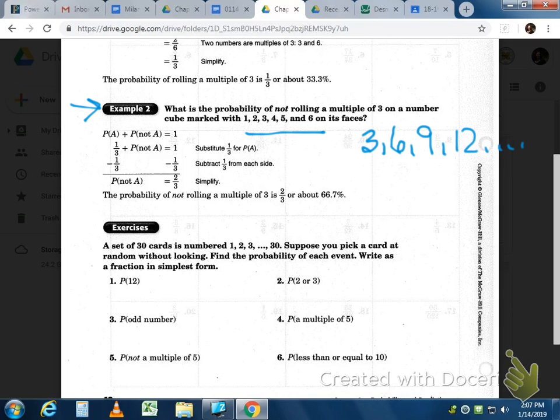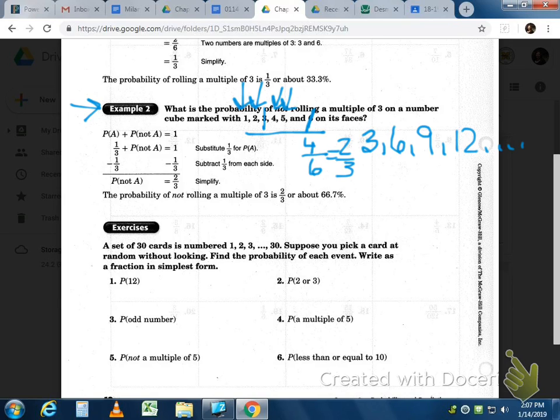Is 1 a multiple of 3? No. So 1 is a possibility. What about 2? No. What about 3? Yes, 3 is a multiple, so we don't want to count it. What about 4? No. And what about 5? No. And then 6 is a multiple. So 4 out of 6 possible, so 2/3.